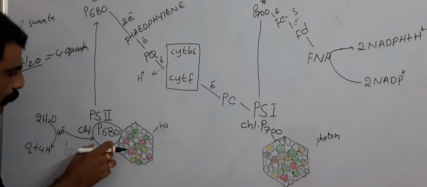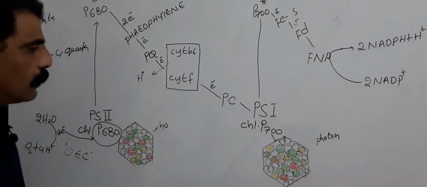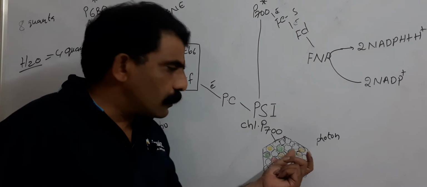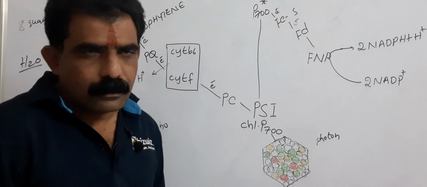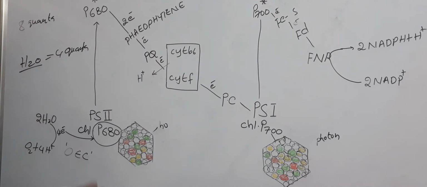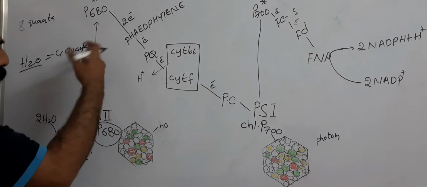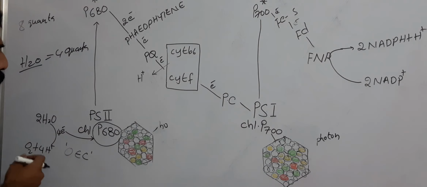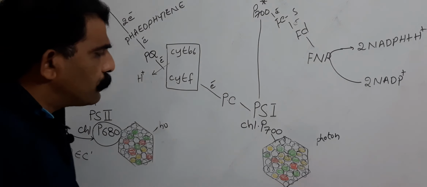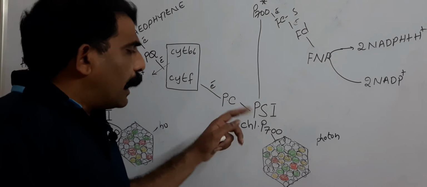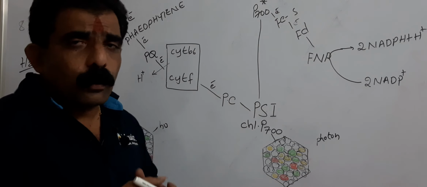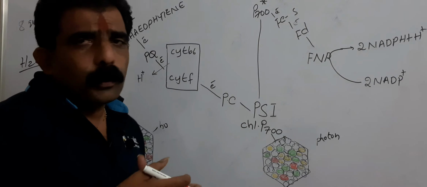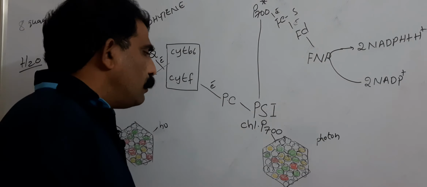So 1 pair of electrons at the P680 and 1 pair of electrons at the P700. For the ejection of 1 pair of electrons, 2 quanta are required to exit the P680. Likewise, for the ejection of 2 electrons at P700 also, we require 2 quanta to exit the P700.